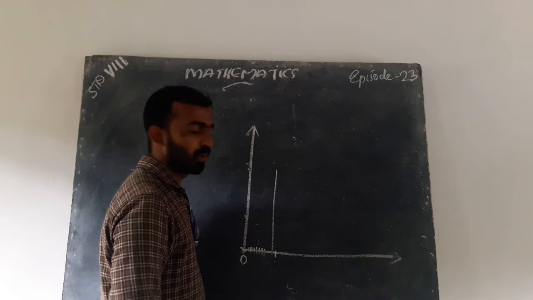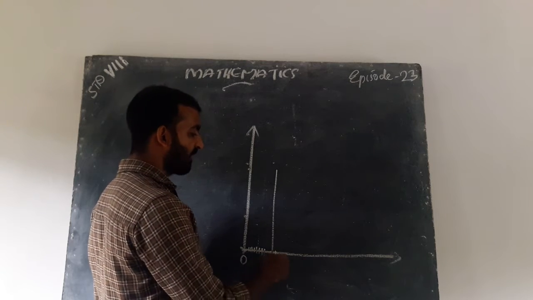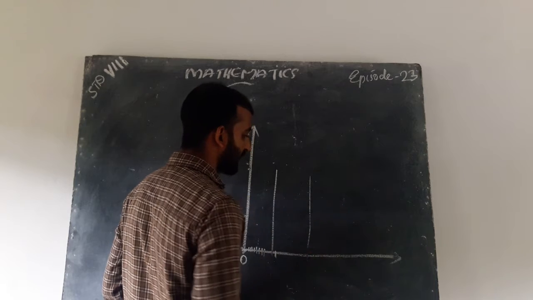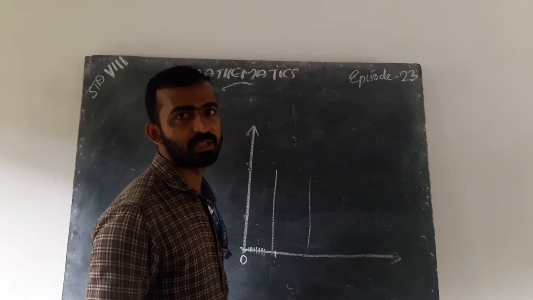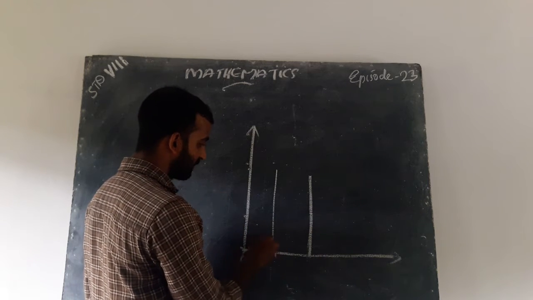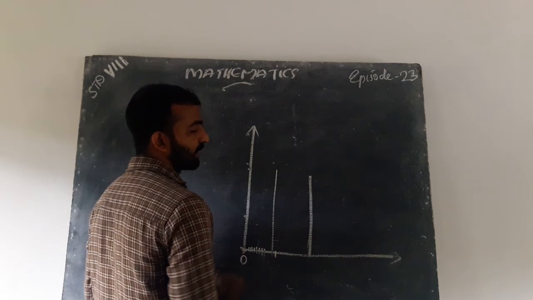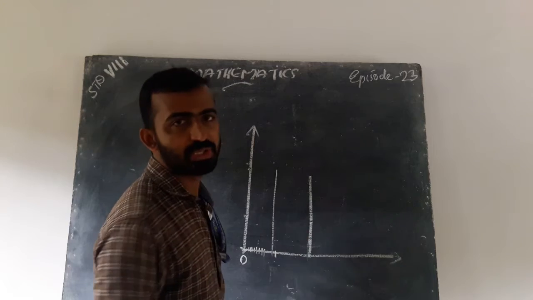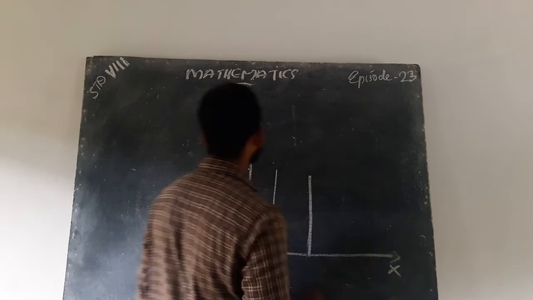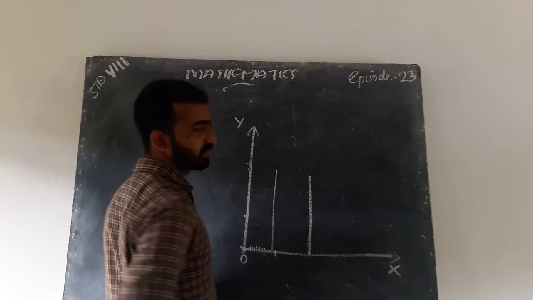In your graph book or graph paper, after 9 lines, the 10th line is also darkened. In between these lines the distance is equal. This is our x axis and this is our y axis.